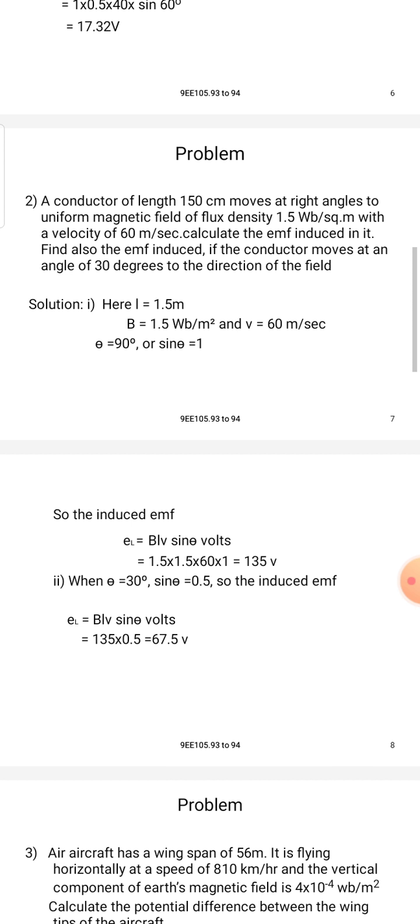Calculate the induced EMF in it. Find also the induced EMF if the conductor is moving at an angle of 30 degrees to the direction of the field.